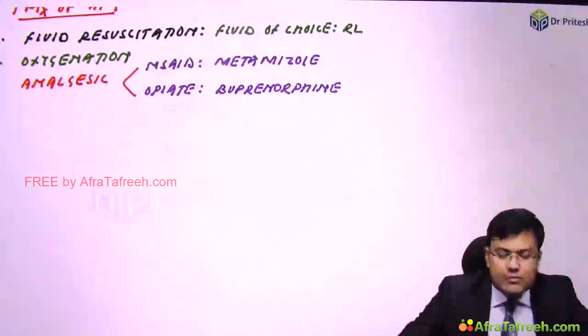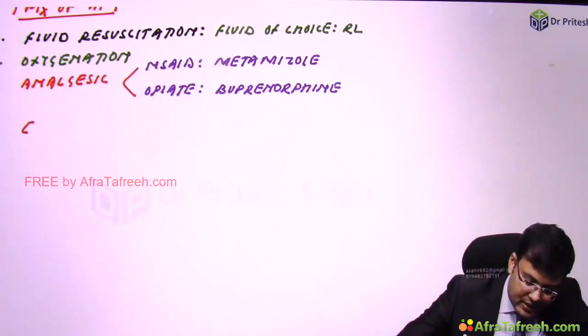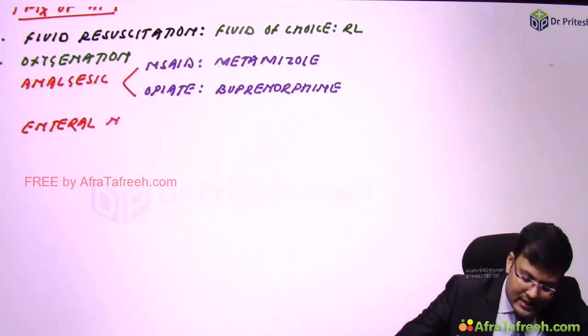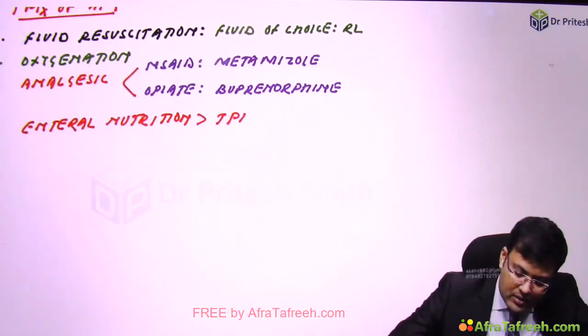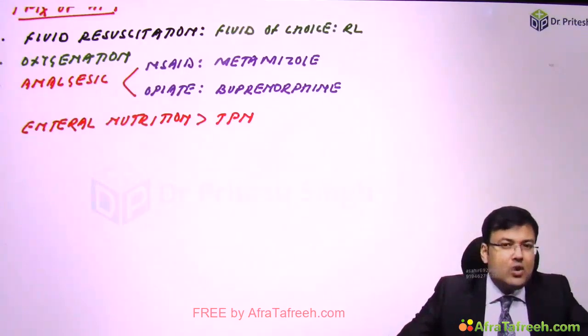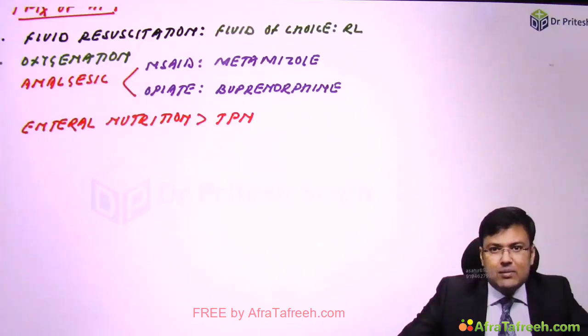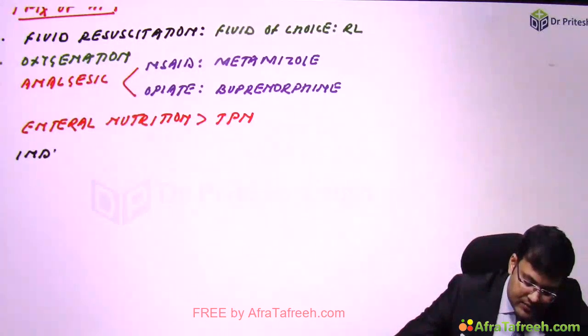After that, we have to start the nutrition. Which nutrition is preferred? Generally, in acute pancreatitis, enteral nutrition is preferred over total parenteral nutrition. Question is asked, what are the indications of total parenteral nutrition?